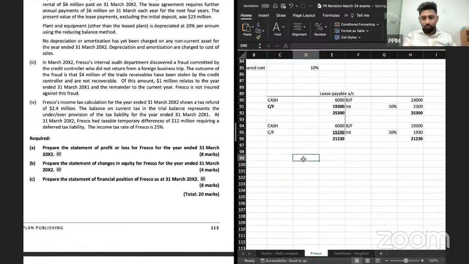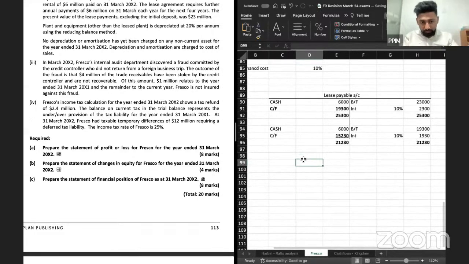Okay. Now, I'm here. Now, I need to get few things for my calculation. I need the current liability, non-current liability, the net book value, the finance cost in the exam.